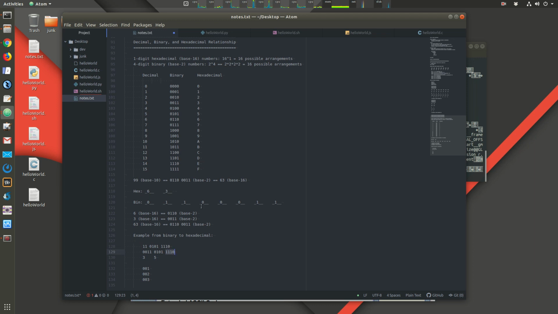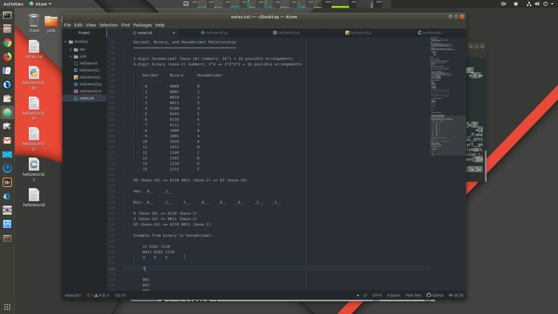So 1110 is an E. So this binary number is equal to 35E in hexadecimal.